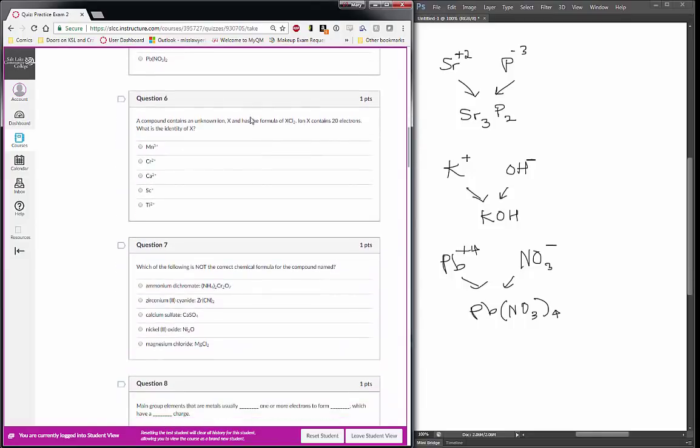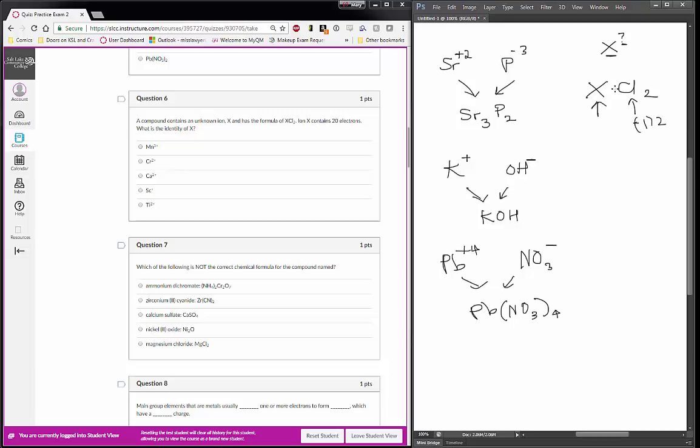Next, this is a bit of a logic puzzle, but you have a compound that has XCl2. And they want to know what is X. And that includes knowing what the symbol is, but also what the charge is. So the first thing you could do is say, you know chlorine's in group 7, so it has a charge of -1, and there are 2 of them, which means that in order for this to be a balanced formula between X and chlorine, then that one X has to have a charge of +2.